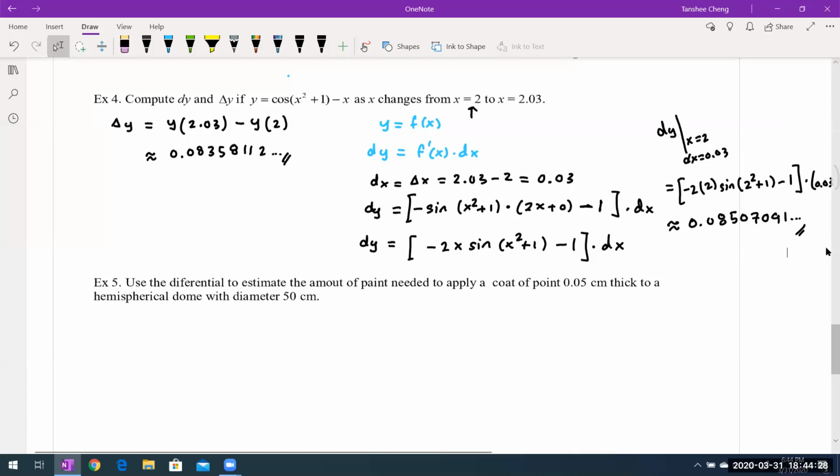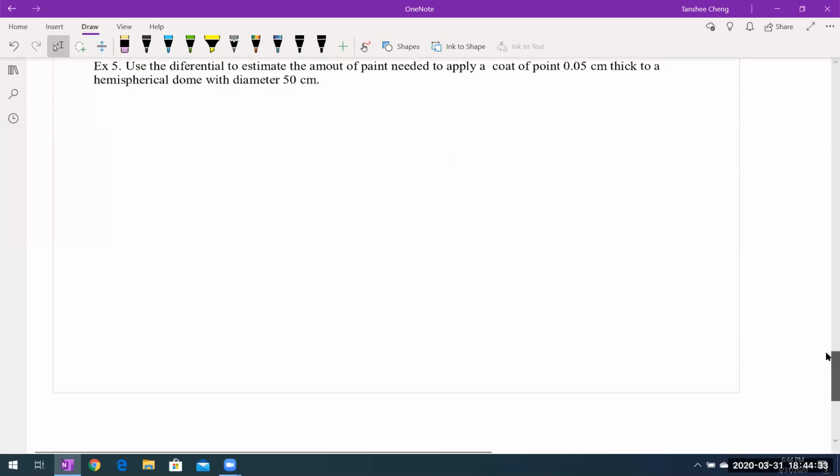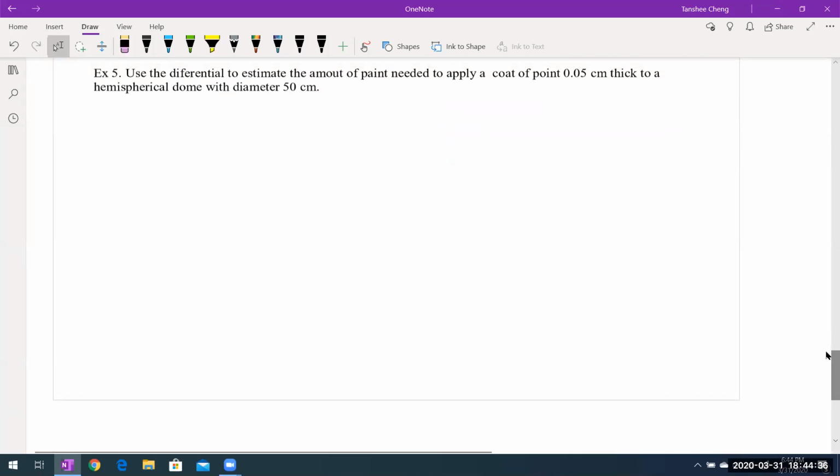So moving on to the last example, and this is where you will really see why this differential idea is very useful. Example 5 is to use the differential to estimate the amount of paint needed to apply 1 coat of paint, make sure you change that to 1 coat, that is 0.05 centimeter thick, to a hemisphere dome with a diameter of 50 centimeter.